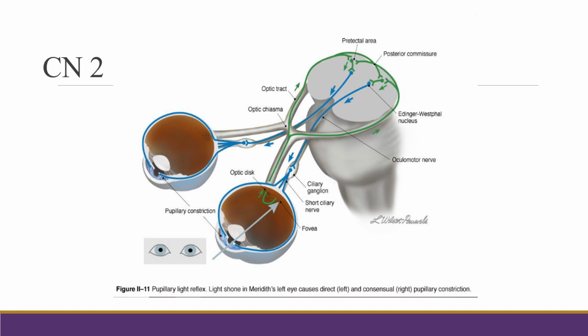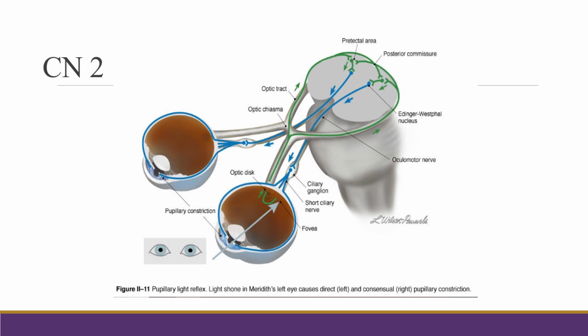That's efferent, and that is for pupil constriction there. You could see where the green is afferent coming in and blue is efferent for motor functions, not cranial nerve 2. So note that blue is cranial nerve 3 information. The green is cranial nerve 2.